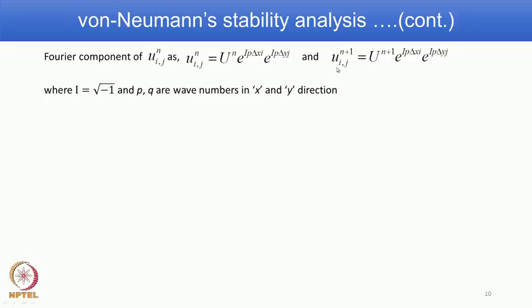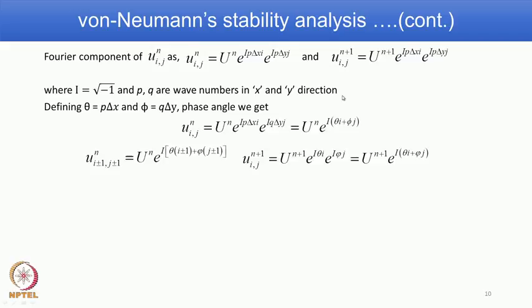For example, u i comma j at n plus 1 is written as shown here. Similarly, u at i plus or minus 1, j plus or minus 1 at the nth level is also written as shown here.